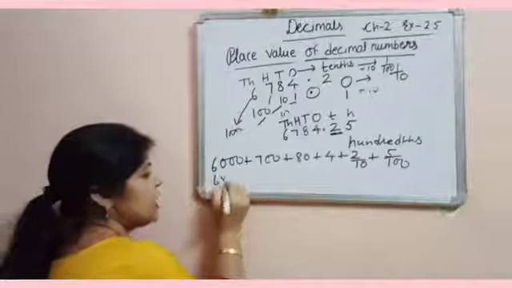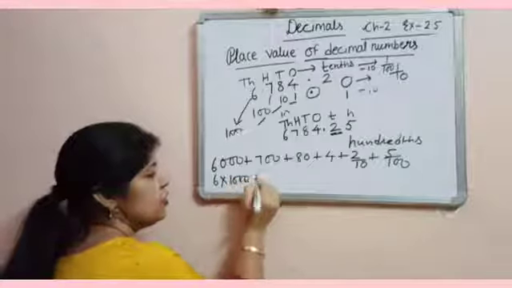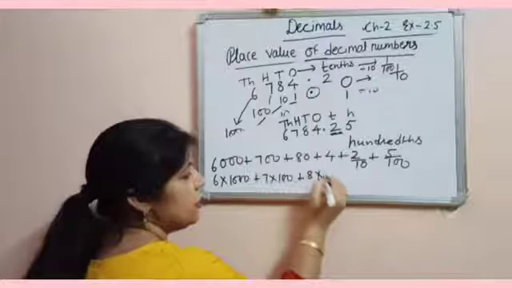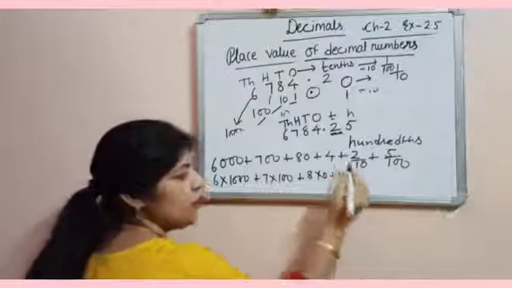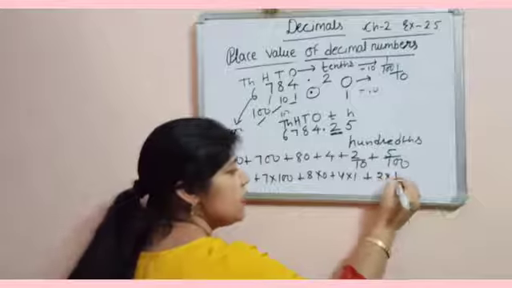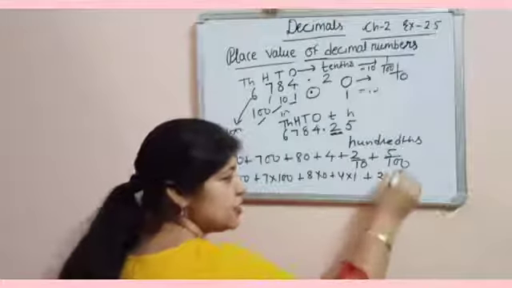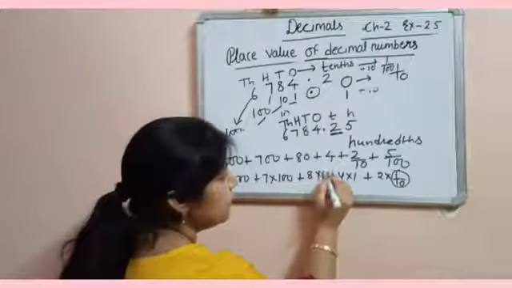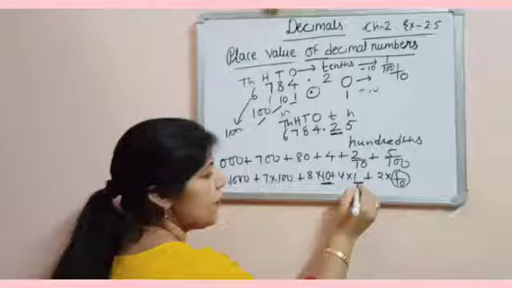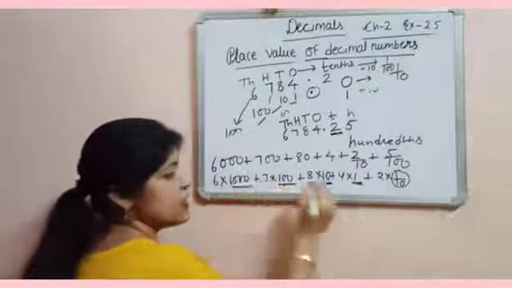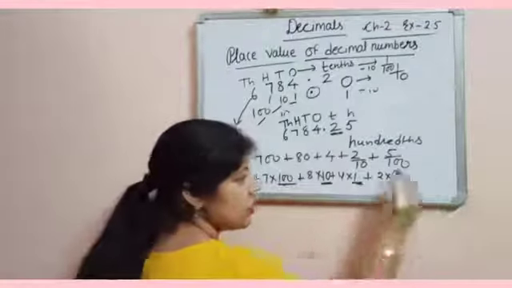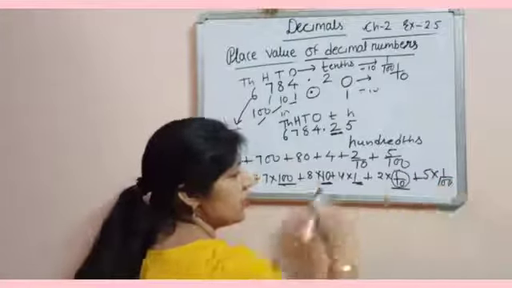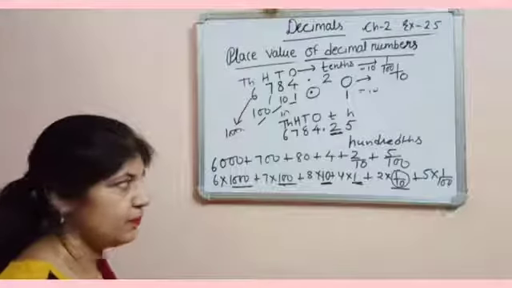Or you can write it as 6 into 1000, 7 into 100 plus 8 into 10 plus 4 into 1 plus 2 into 1 by 10. This is the position, this is the place value. Tens, ones, 100, 1000. This is the tenths position, and next is hundredths, and so on. Is that clear?